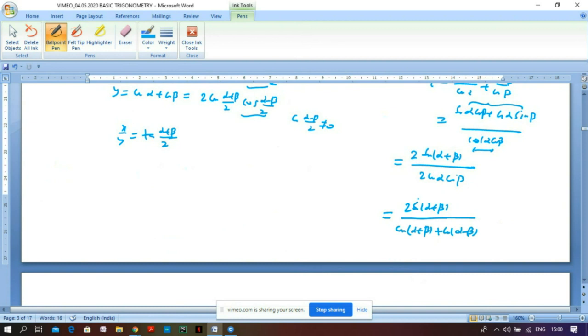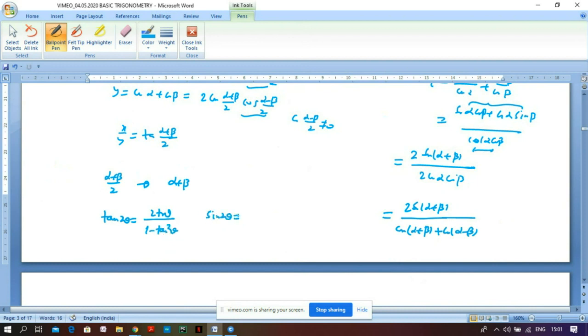Now sine of alpha plus beta I can get from here, because alpha plus beta by 2 is the half angle, and we can use the formulas where we are given tan theta and we want the functions of 2 theta. So we have tan 2 theta is 2 tan theta upon 1 minus tan square theta.